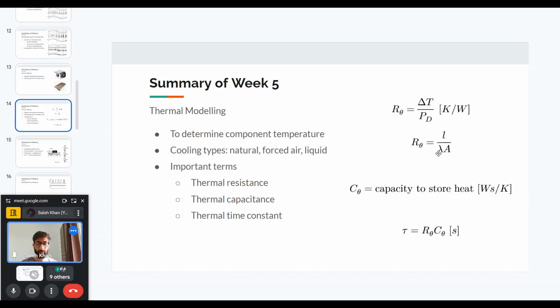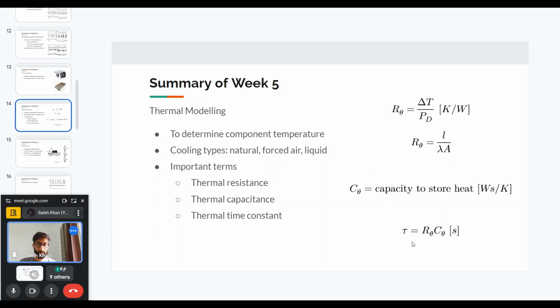The next important term is thermal capacitance, which is basically the capacity to store heat. Just like electrical capacitance is the capacity to store charge, thermal capacitance would be the capacity to store heat. It is basically given in energy per Kelvin, so energy here would be watt second per Kelvin. Then the third term is the thermal time constant, which would be the product of the thermal resistance of a component and its thermal capacitance.